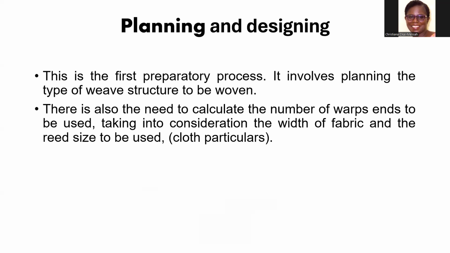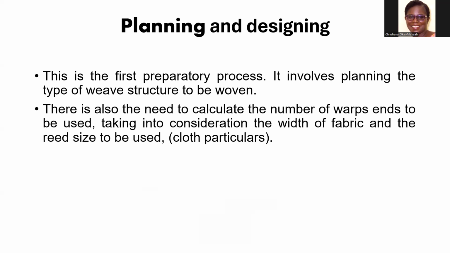And we term all these as what? Cloth particulars. We are taking particulars of the cloth that we are going to weave. So that is being considered under planning and designing.